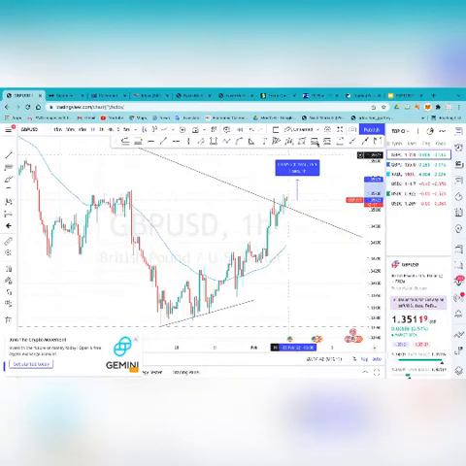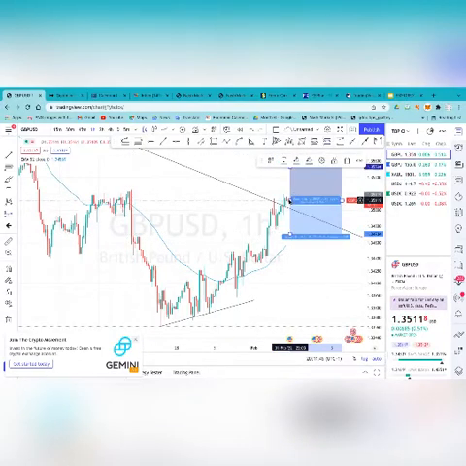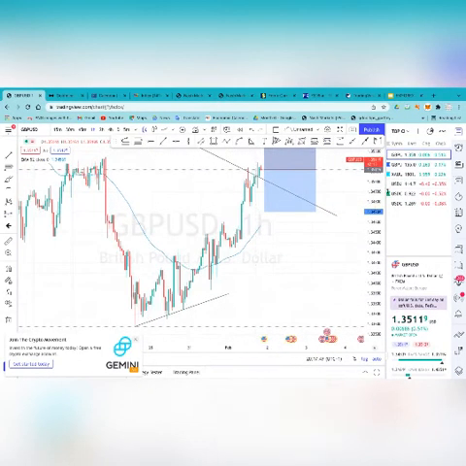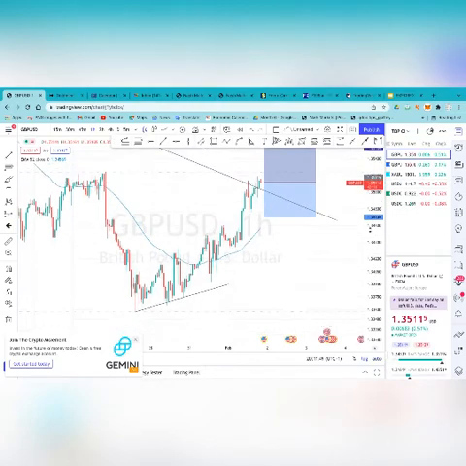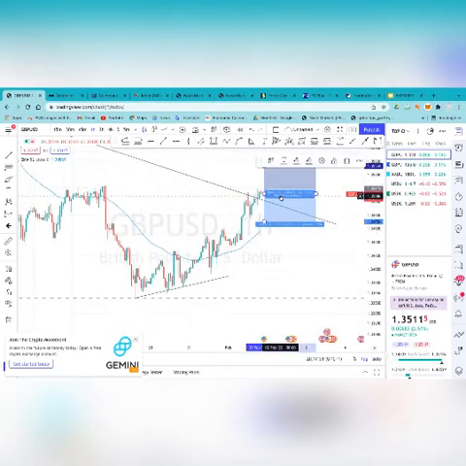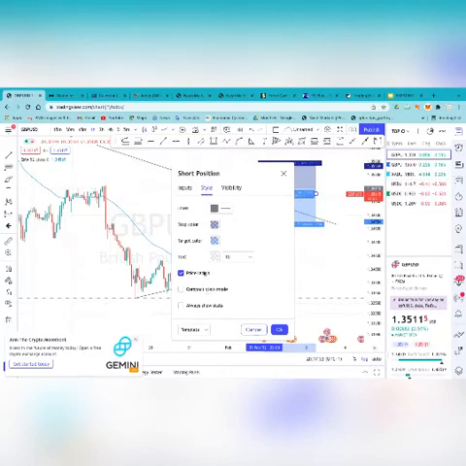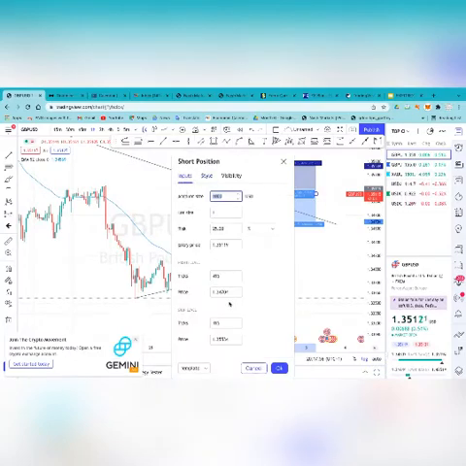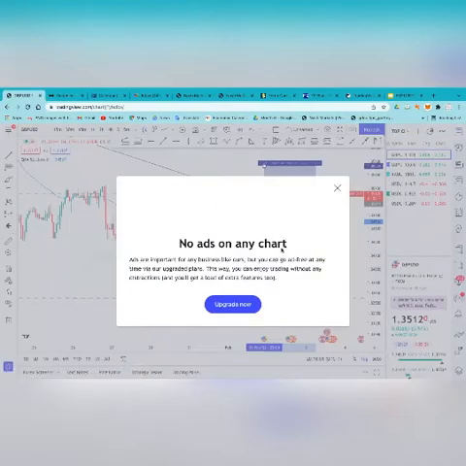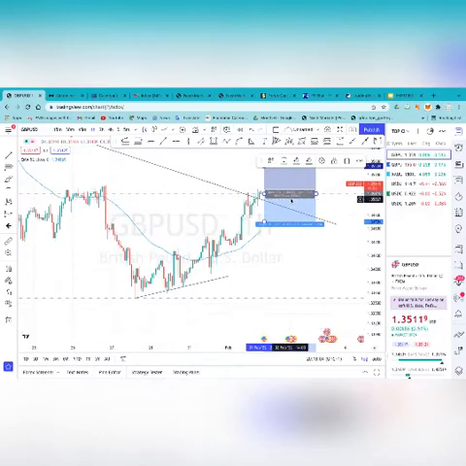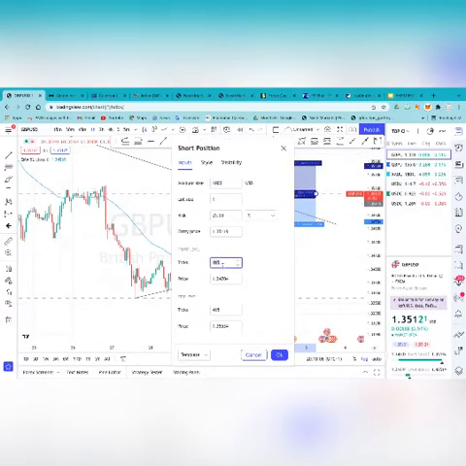So my order will be something like this. This will be the way my order will look. From current price, my profit level will be 600. Yeah, this is 600 points, not pips. This is 600 points. Why? Because it's calculated with the point, not the pips.